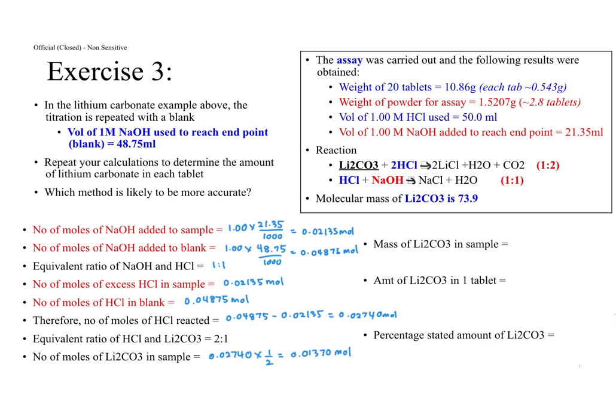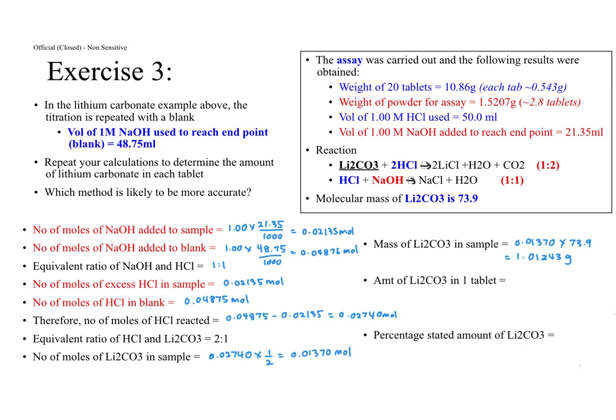So that's 0.01370 moles. Now that we know the number of moles of lithium carbonate, we can calculate the mass of lithium carbonate in the sample by taking number of moles times MR. So we get 1.01243 grams.